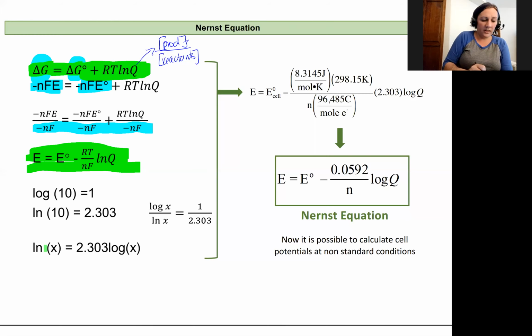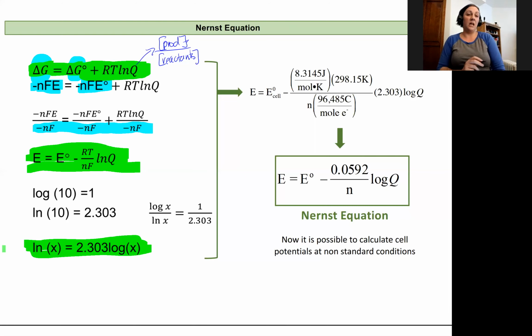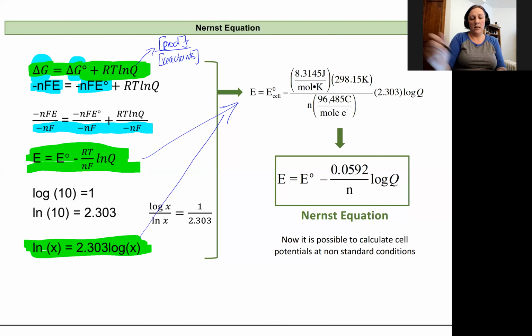Again, we're also going to take that natural log of x as 2.303 log of x and combine these two equations right here to get this large equation that has a lot of constants in it again.